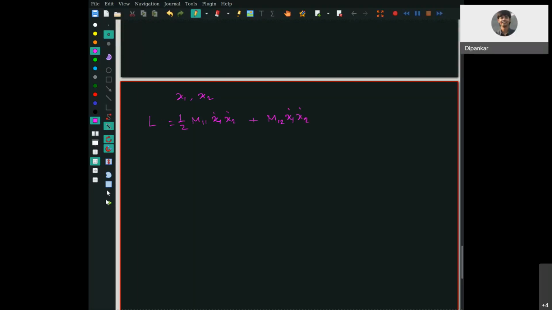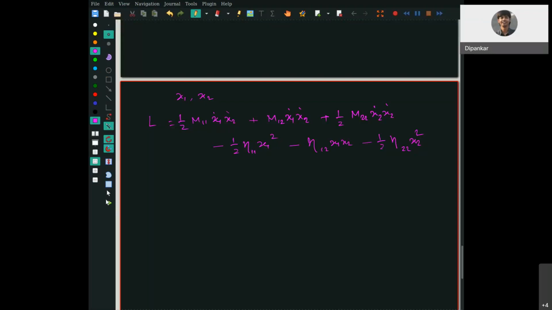Here there is no half because there are two terms, m12 and m21, plus half m22 x2 dot squared, then minus again half eta 11 x1 squared, minus eta 12 x1 x2, minus half eta 22 x2 squared. So this is your original Lagrangian in terms of x1 and x2.